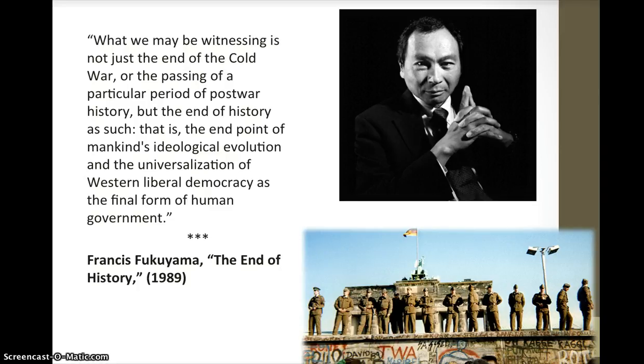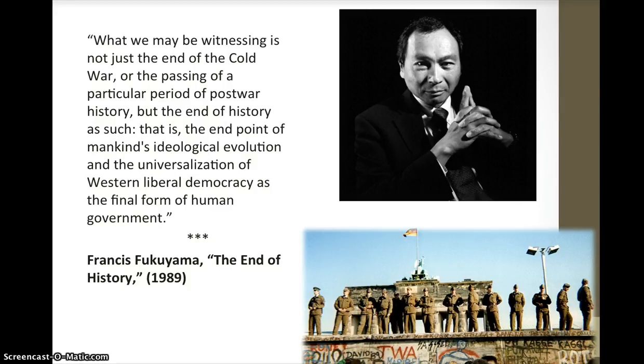The West had won, the Cold War was over, and everyone sooner or later would come around to understanding that there was a superior form of civilization and that this was the best way of securing universal human rights, democracy, capitalism.